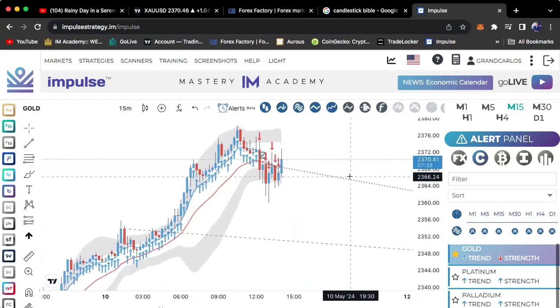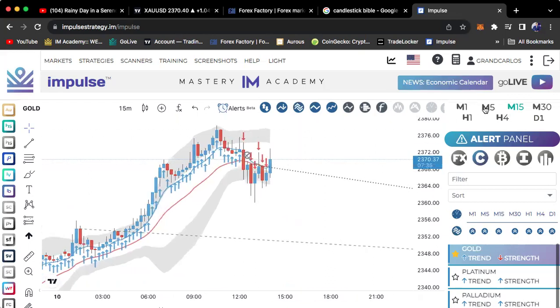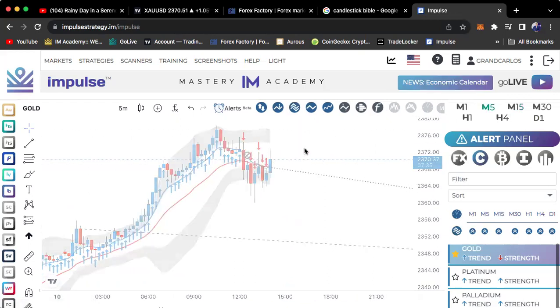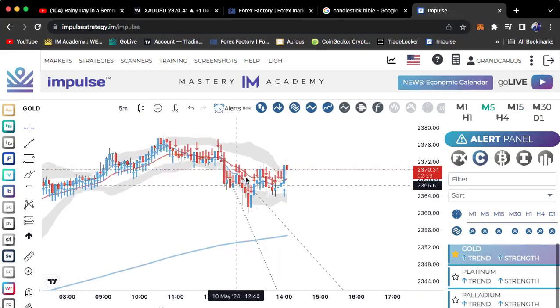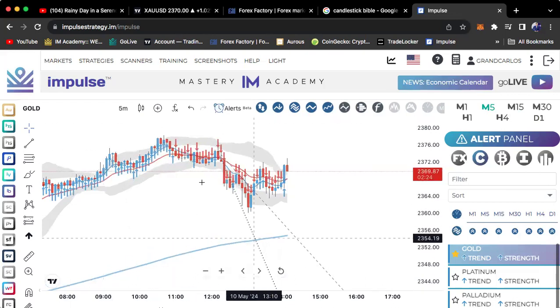There's a 15-minute time frame. This is the 5-minute here. It's giving me a blue arrow. Price broke above this pivot line. Price is still above this EMA.